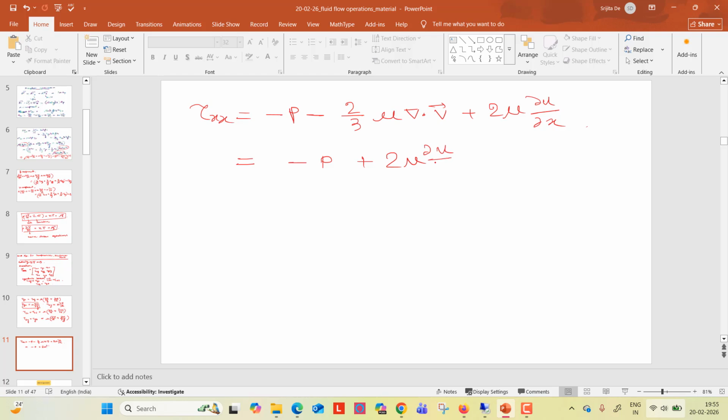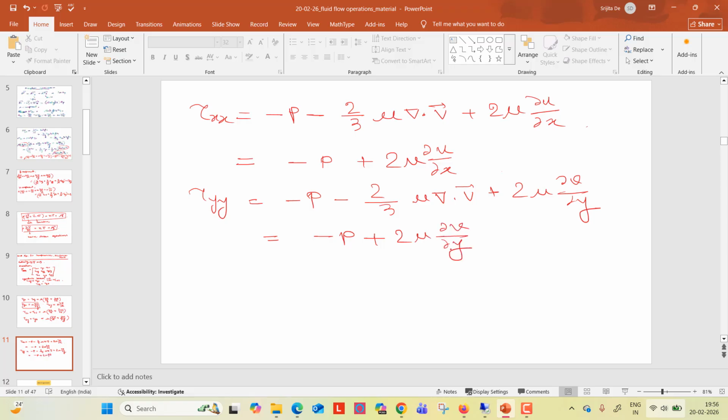Okay. Similarly, tau yy is expressed as minus p minus 2/3 of mu divergence of v plus 2 mu del v del y, and in case of incompressible fluid it will be minus p plus 2 mu del v del y.